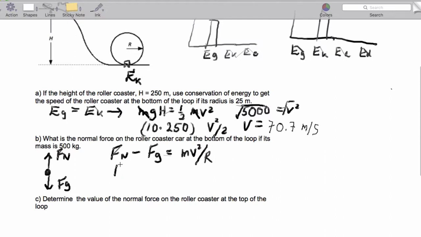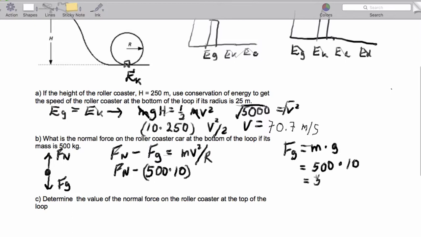So we have Fn minus, now Fg is going to be 500 times 10. Let's be careful here. Fg equals m times g. That's going to be 500, and then you times it by 10.